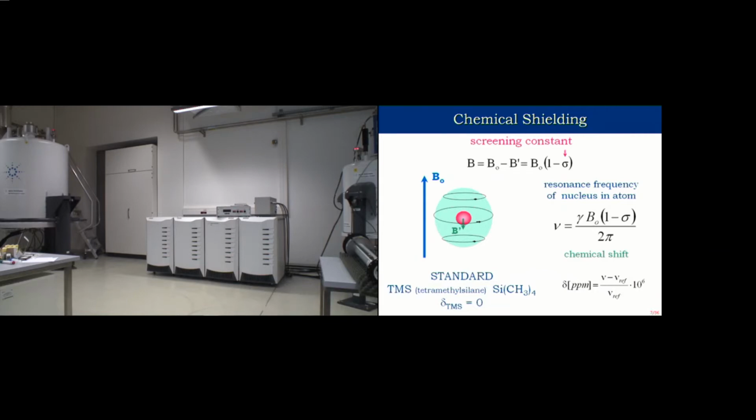It comes from the electrons moving around the nucleus on special trajectories called orbits: SP, SP2, delta, P pi. Yeah, orbits. Exactly. Thank you.